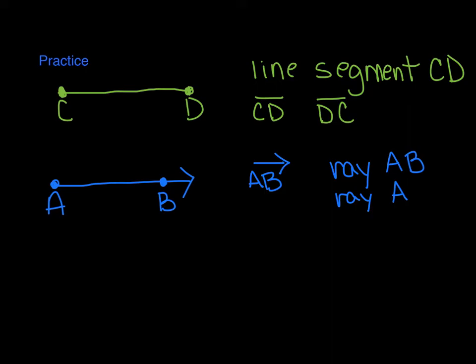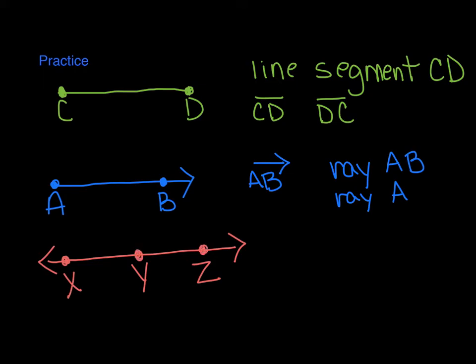Now, what happens if you're asked to draw a line? With a line, we know that it's made up of infinite points, but we're just going to go ahead and make a line with our ruler, put our arrows at both ends, and let's say that we're going to call it X, Y, Z, and we're going to put a point where each of those letters are located.